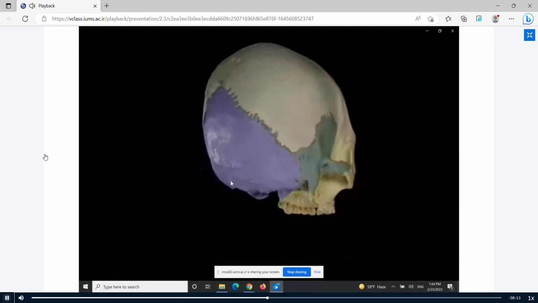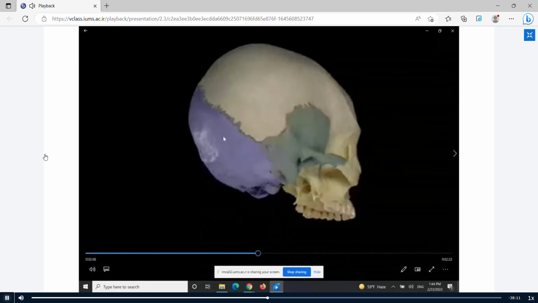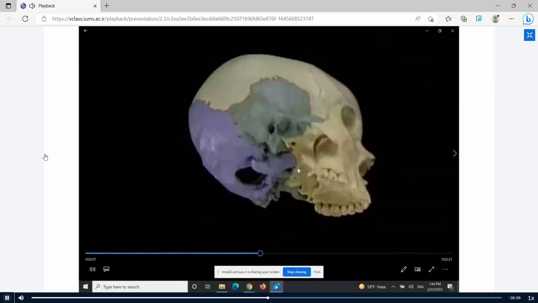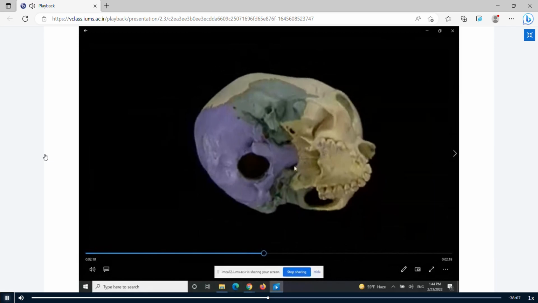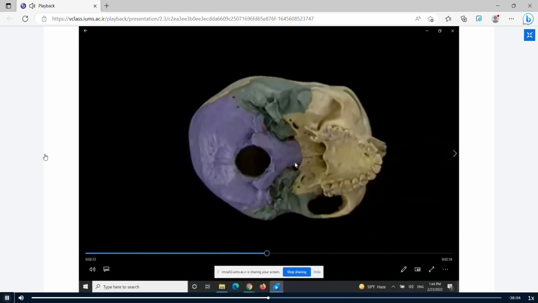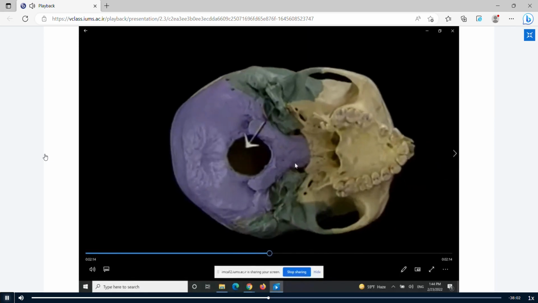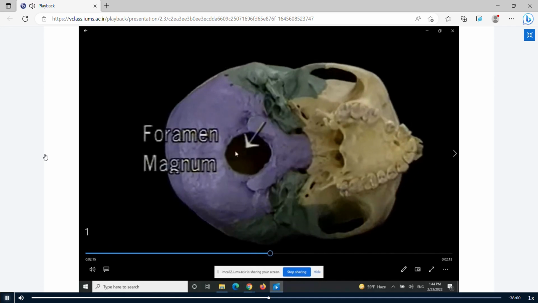The most striking feature of the occipital bone is this large opening. You can see the foramen magnum, basilar part, lateral part, and squamous part. The foramen magnum, through which the spinal cord and its accompanying structures pass.